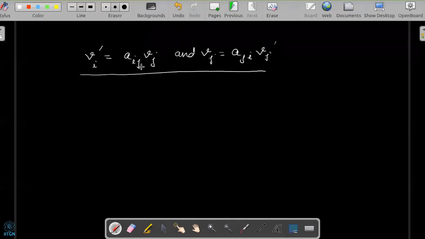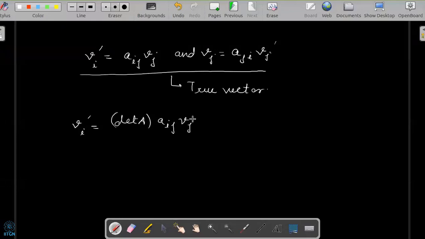Whatever the transformation matrix, whether the determinant of it is plus or minus, if it does not depend on this, then this vector is known as a true vector.